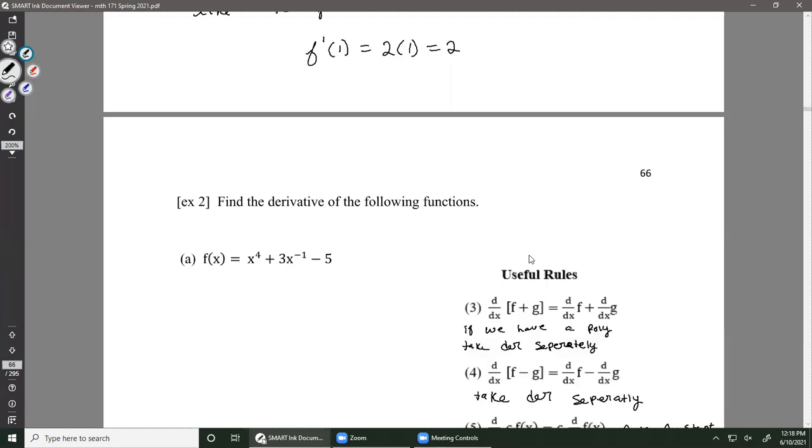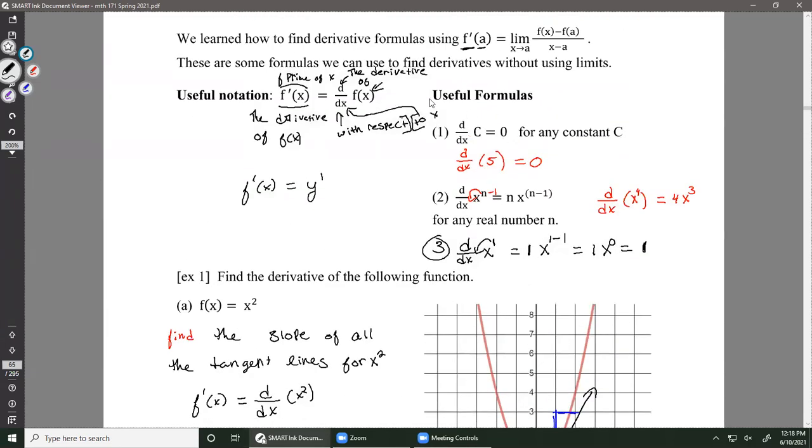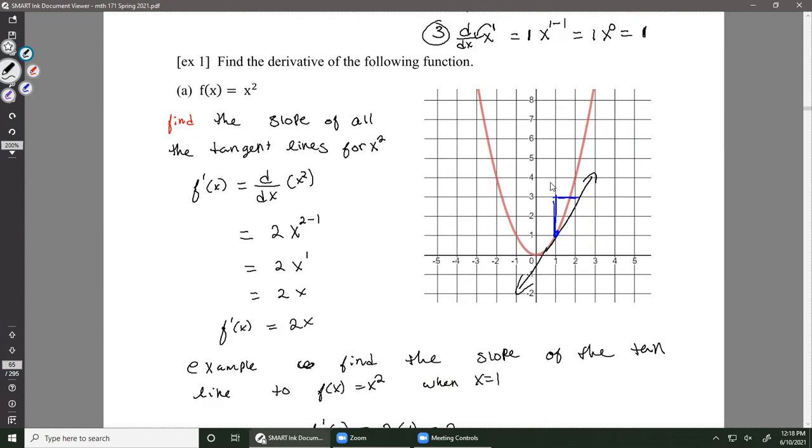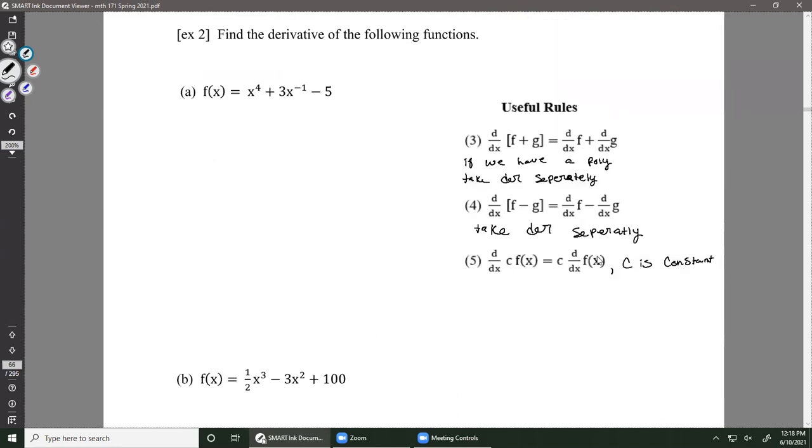And that's different than the constant up here. So if it's a constant with no x attached, the derivative is 0. If it's a constant and it has an x attached, take the derivative of the x piece like you normally would and multiply by that constant.